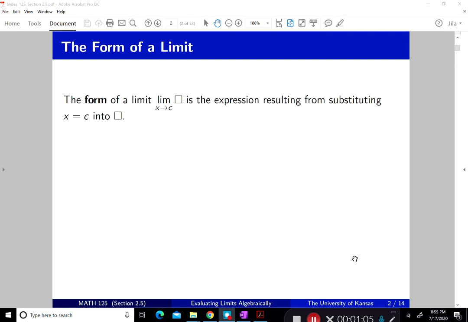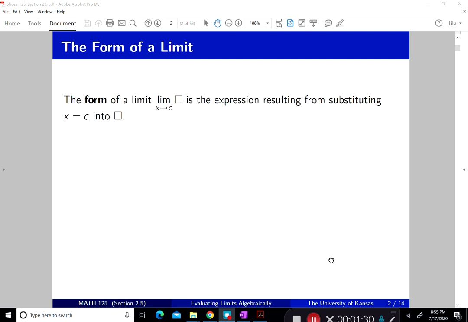And so this does not always render a number value. Sometimes, if you've seen this before, we used infinity and negative infinity, but also there are indeterminate forms that can result from just substituting in there.